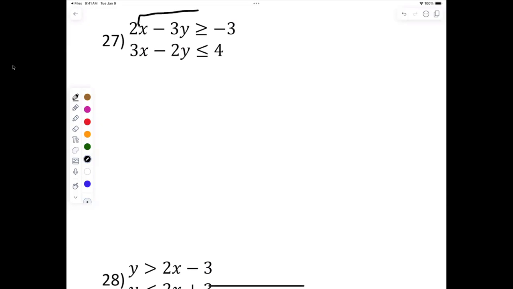Moving the 2x over. Then what do I do? Divide by -3. When I divide by negative, what happens to the inequality sign? Less than or equal to 2/3 x plus 1.